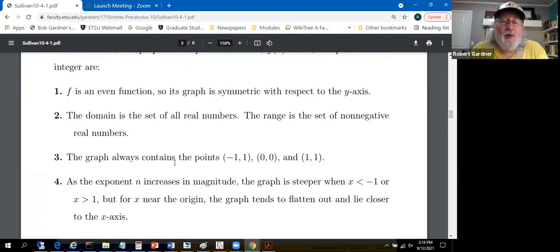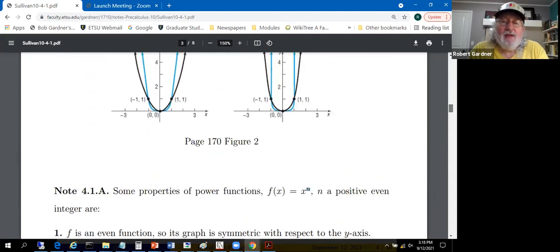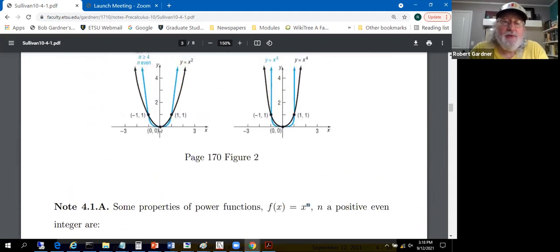Property 3, the graph contains the points (-1, 1), (0, 0), and (1, 1). If we go back and look at the graphs of all of these, they all pass through the origin, the point (0, 0). You plug 1 in, you get 1 to the n power out. Well, it's going to be 1, and that holds for all of these.